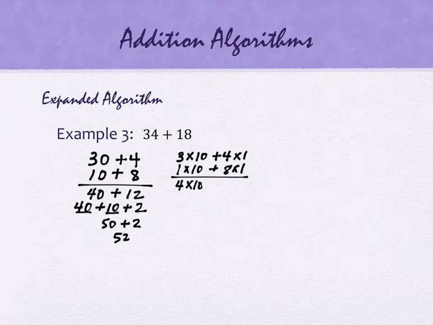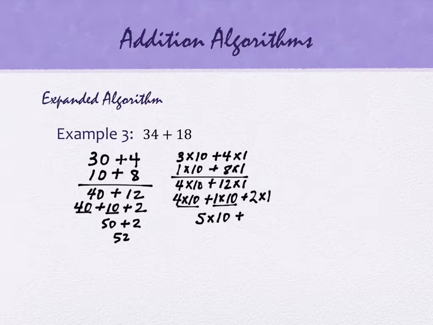The things that are times 1 can be added, this is 12 times 1. And I can, again, go through the same process where I say 4 times 10 plus 1 times 10, that's what I meant to write, 1 times 10 plus 2 times 1, I'm breaking apart the 12, and then these two are quote-unquote alike, which gives me 5 times 10 and 2 times 1, or 52.